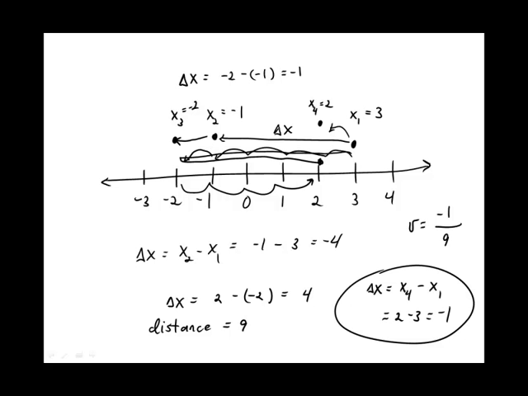That's not very fast, but my speed was 9 units over 9 time units. So 9 distance units over 9 time units. This is equal to 1. So my average speed was 1 unit per second, but my average velocity was not. Average velocity was -1 over 9.